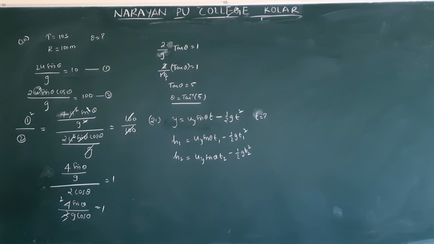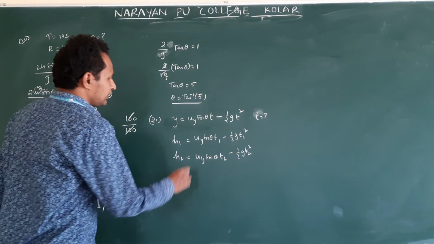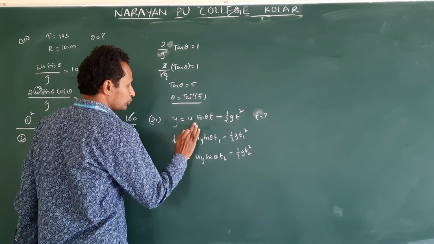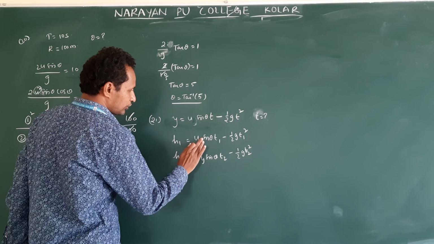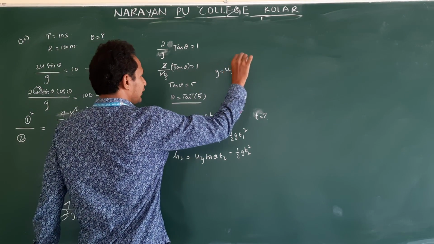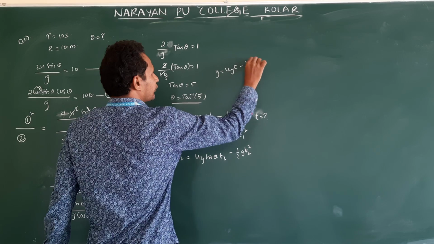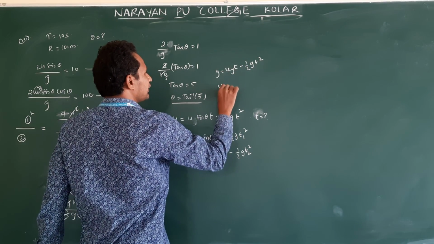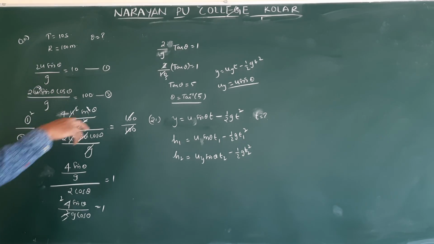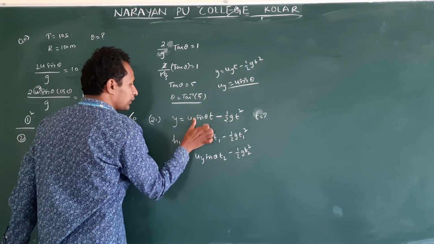So uy is u sin theta. The reason: y is equal to uy t minus half g t square, and uy is u sin theta. Clear? I wrote it wrong there. This is not uy. Clear?